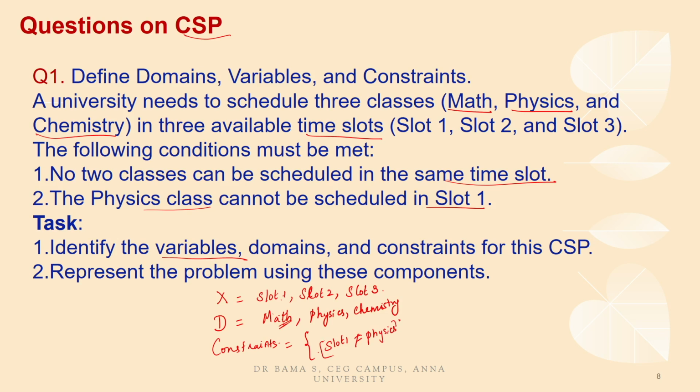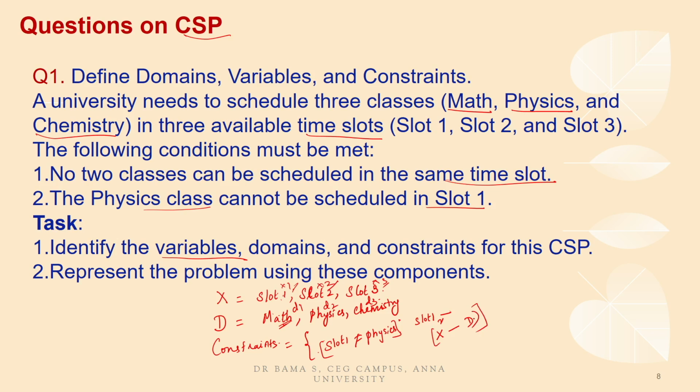The other one we can represent in other terms, like no 2 slots should have the same value. If the variables are x1, x2 and x3, where the number represents that particular slot, a value from the domain should be allotted only to one particular slot.